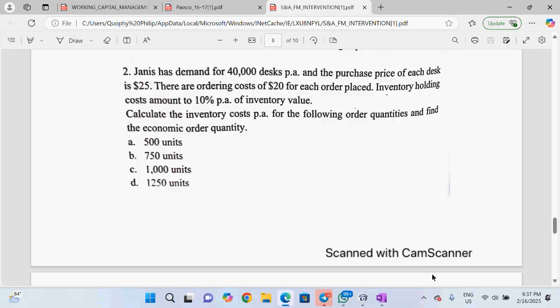Calculate the inventory cost per annum for the following order quantities and find the economic order quantity: A, 500 units; B, 750 units; C, 1000 units; D, 1250 units.